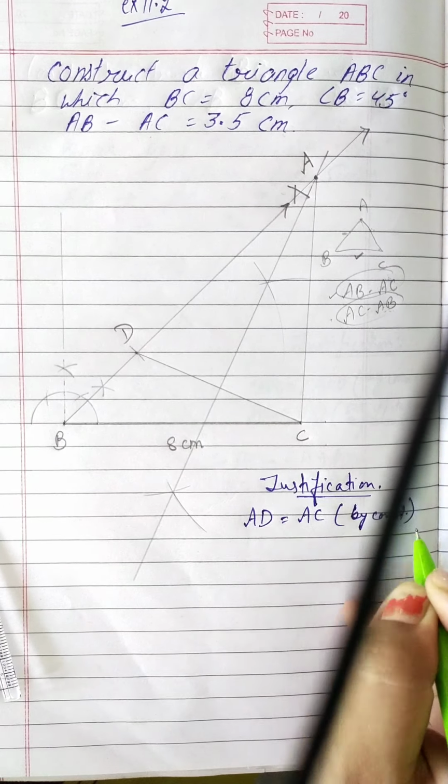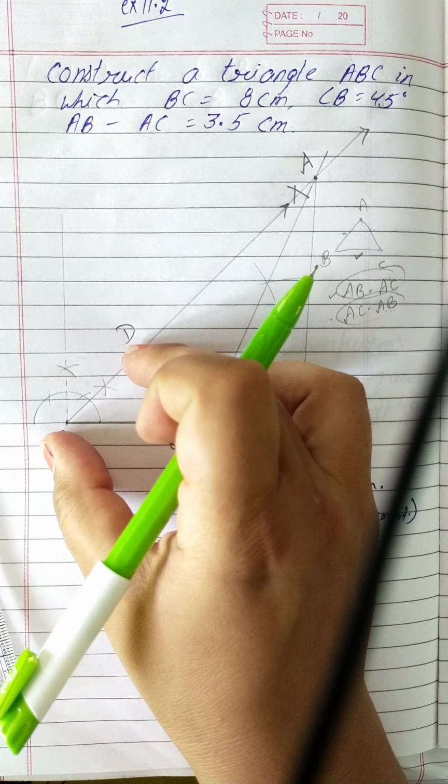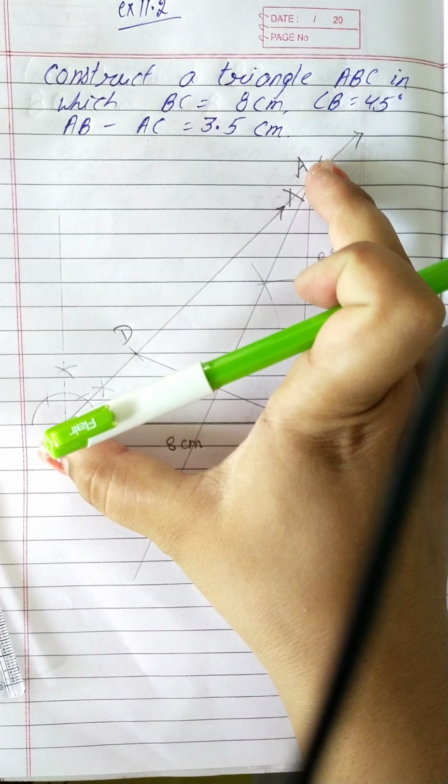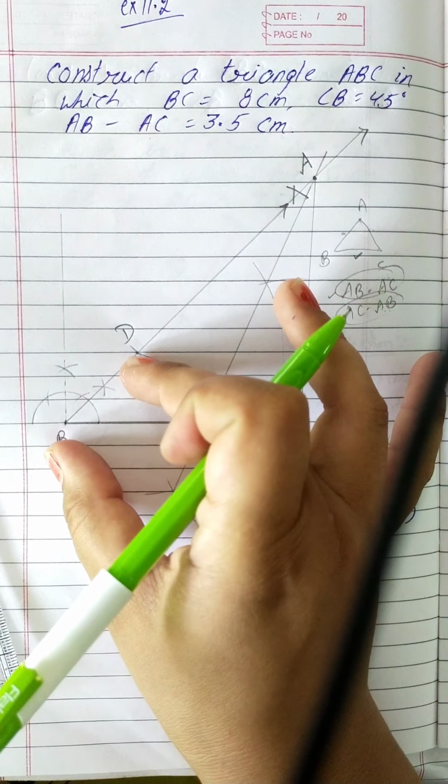Next step, what is BD? What BD you chose? You chose it as the difference. So BD, actually what is BD here? BD is equal to this full BA minus AD. Understood? When you subtract this length from this full length, then you will get BD.